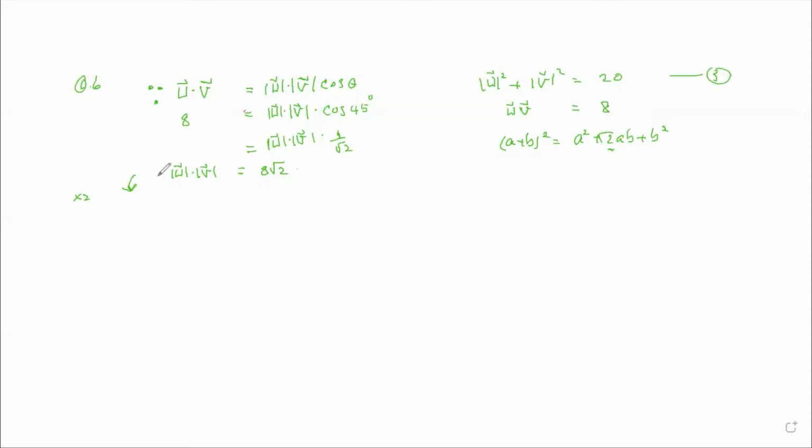So 2 times the length of u times the length of v equals 16 square root 2. I will set this as equation 4.